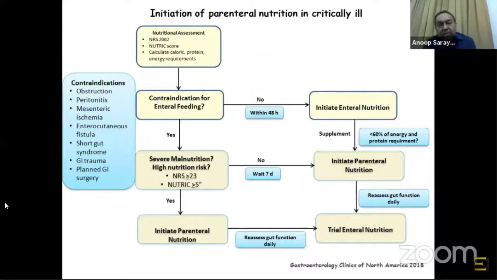So how to initiate parenteral nutrition? We first make a nutritional risk assessment, and then we look for contraindications, which I have already listed in the previous slide. If there are no contraindications, within 48 hours we initiate enteral nutrition.